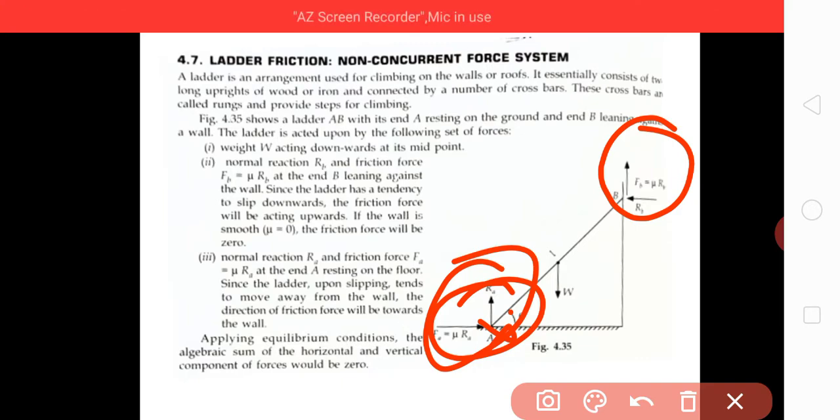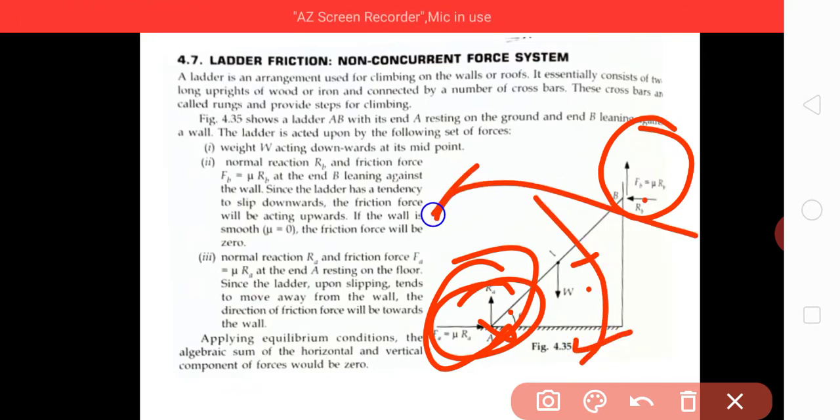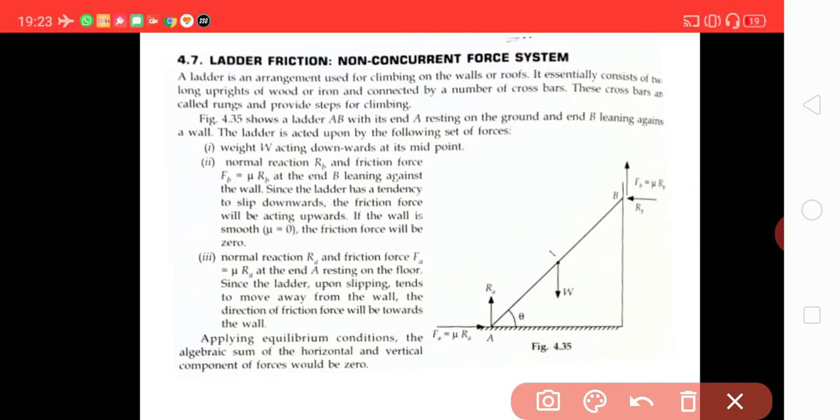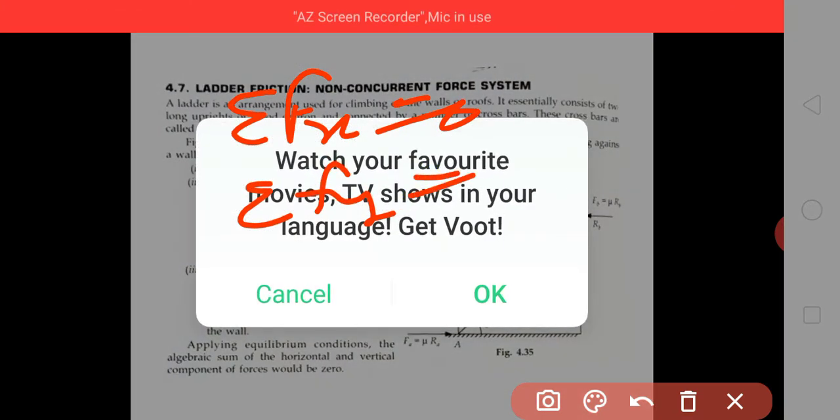Then we are left with the moment of this force, which is clockwise, and the moments of these, which are anti-clockwise. We balance these, so summation M equal to 0 we have to do here. So as I told you, three equations can be formed here: summation Fx equal to 0, summation Fy equal to 0, and summation M equal to 0.